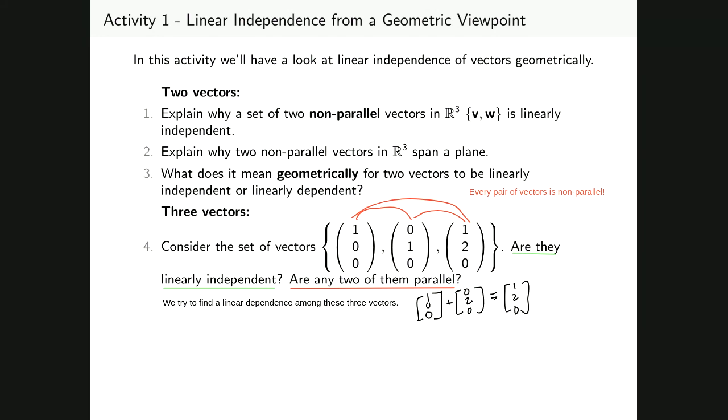Now that's equivalent to the following. This says that our third vector lives in the span of our first two vectors.